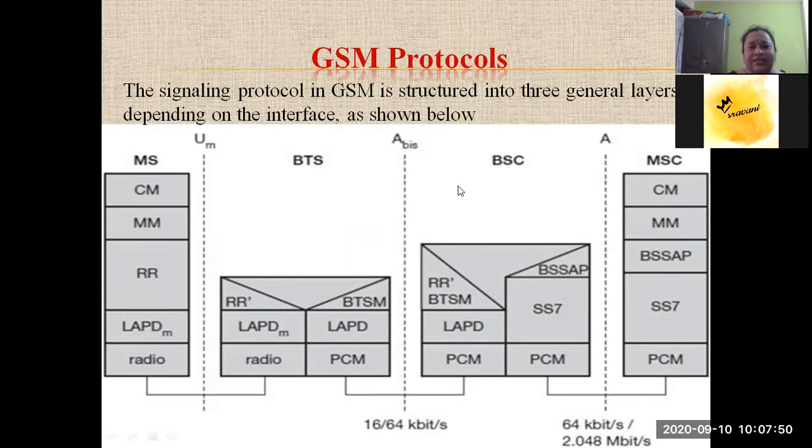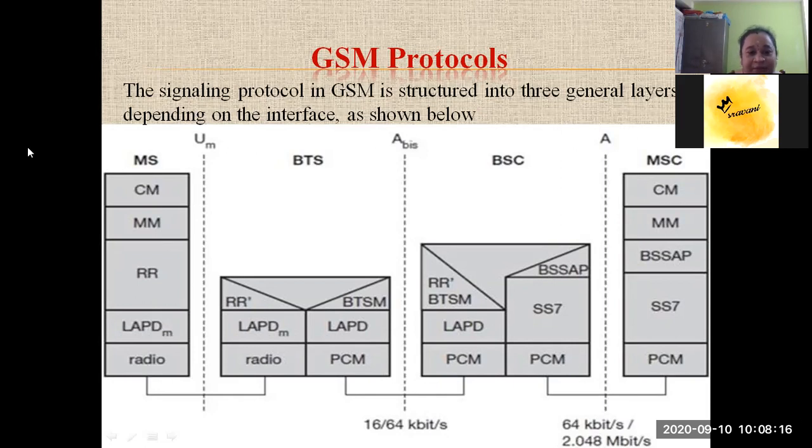So according to the three subsystems itself, our protocols are arranged like this. For example, these are the end systems which are going to communicate with each other. Those are going to have three layers, that is the radio subsystem layers, the data link layer, and the network layer, which has been divided into another three subsystems here.